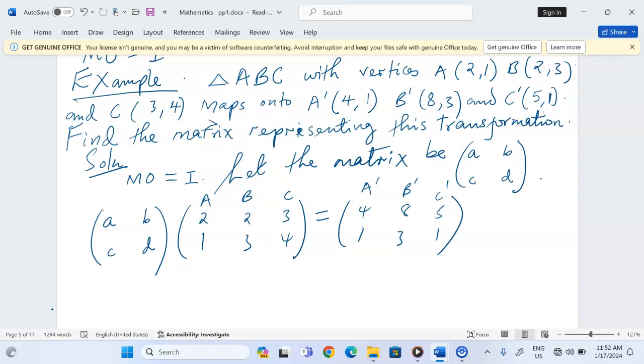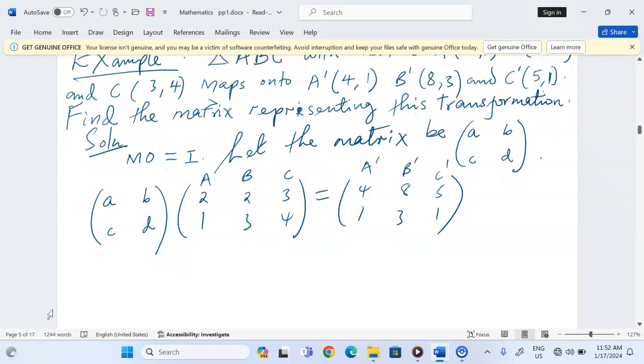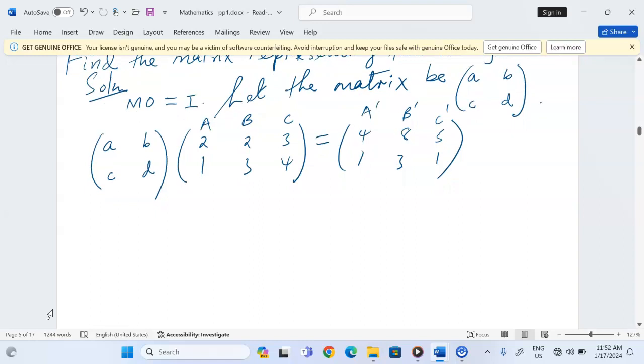Now we have this equation, and with this we can find the unknowns.